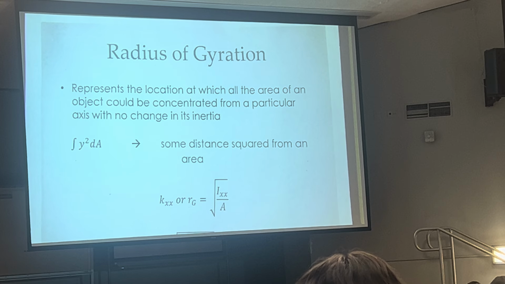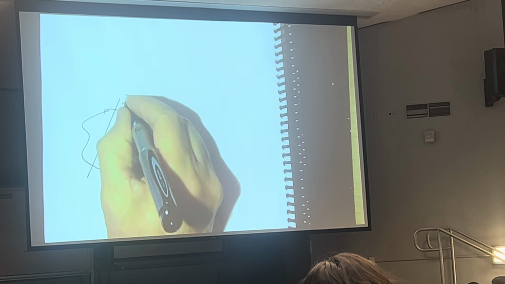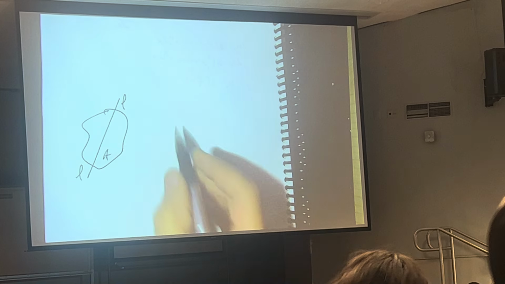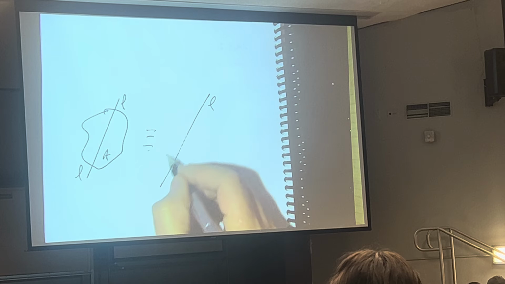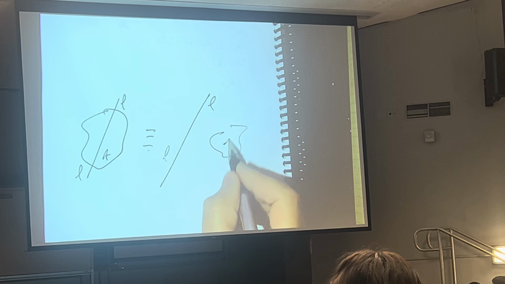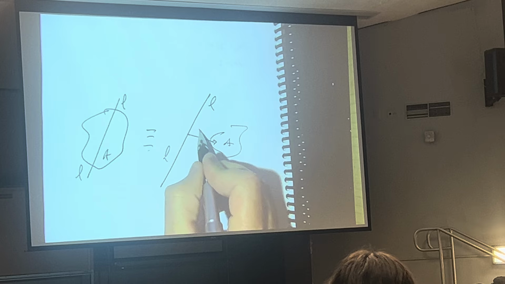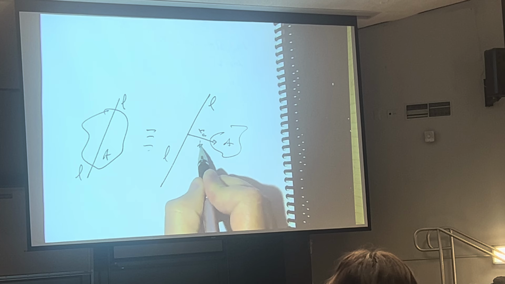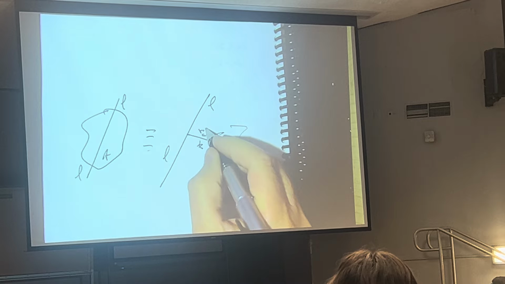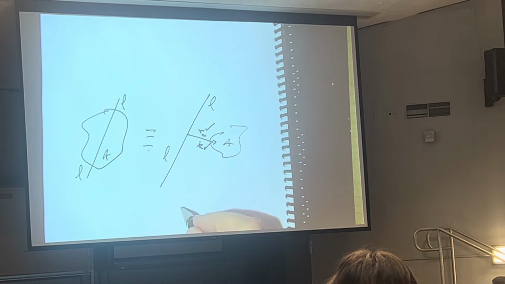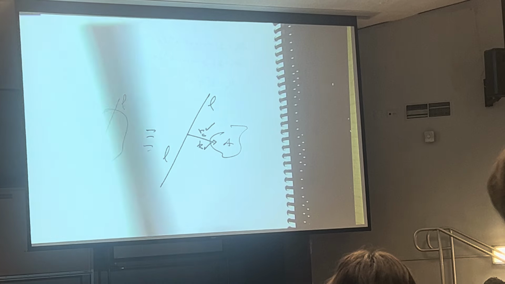So I have some area. This is the LL axis. What the radius of gyration is saying is take the LL axis, concentrate this area here, a distance R_G, or sometimes called K. It depends on what textbook you read, sometimes called R_G, sometimes called K, for the radius of gyration. Okay? That's what the radius of gyration is about.